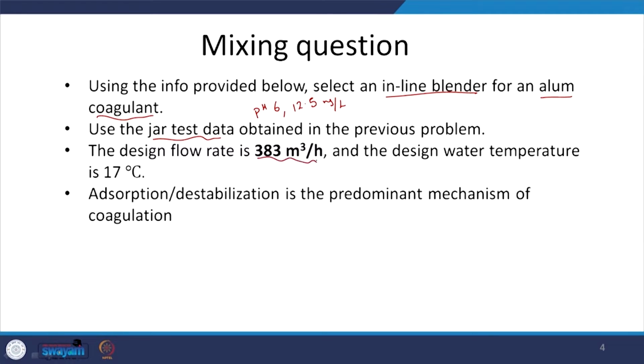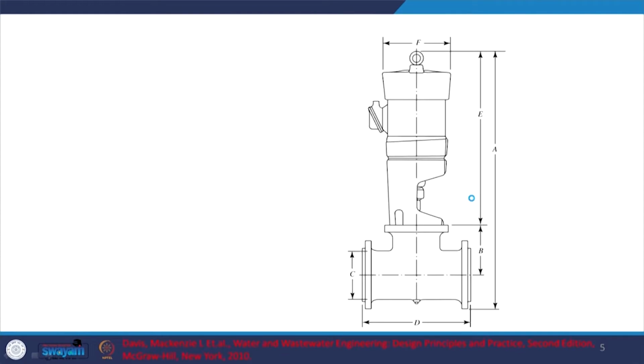And flow rate is given, and water temperature is also a relevant aspect. And here we are saying that adsorption and destabilization is the predominant mechanism, not the sweep flock coagulation. So that's what we want to have. Inline blender, this is what we have, and you have different dimensions and such.